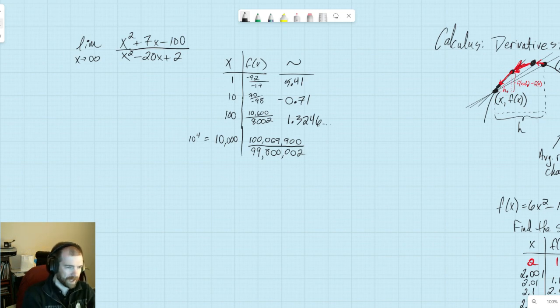Oh, I overflowed my calculator. I'm just using a little function. There we go.